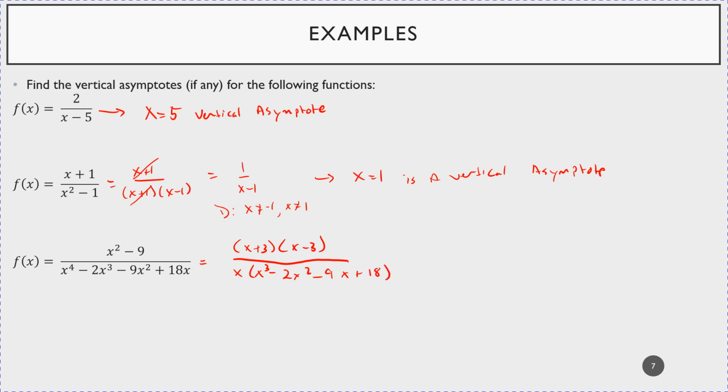And then what you're going to have to do is, this is a 4-term polynomial, you're going to have to factor by grouping. So leave that, make sure you have that x out there. You're going to group the first 2 terms, which is x cubed minus 2x squared. Pull the minus out, so then you're left with 9x minus 18.